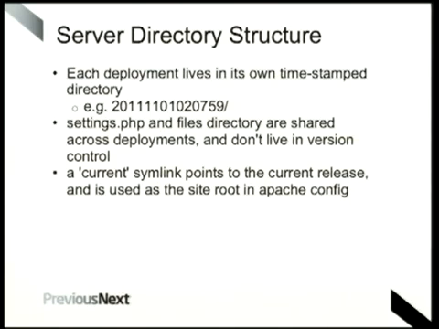So first of all, a bit about the structure, about what the differences are between, say, just copying your files up to a server and how Capistrano deals with this. Essentially, each deployment lives in its own timestamp directory. So when you do a deployment, you get a folder that looks a little bit like this with a long timestamp on it. And the files that are common across all deployments are kept in a separate structure.